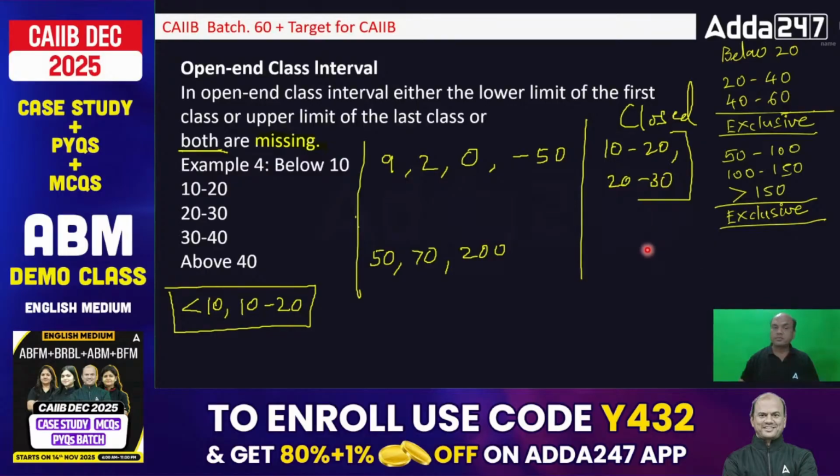Similarly, below 10, it can be 9, 2, 0, minus 50, minus 100, anything. Whenever any end is open, or both ends are open, even a single end, it's called an open-ended class interval.